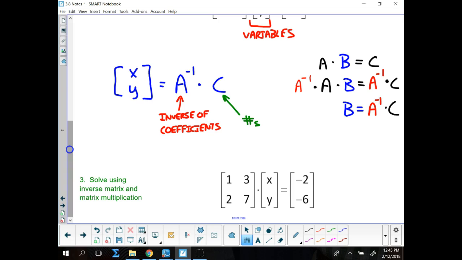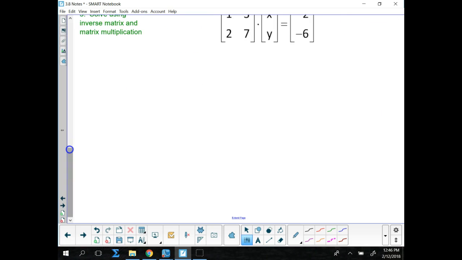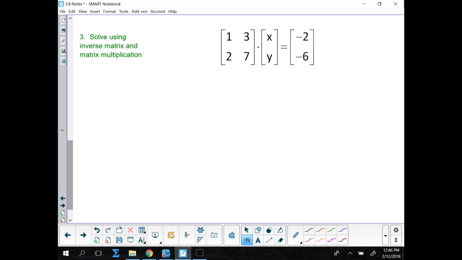So, let's do it. The first thing I need to find is the inverse of that matrix.